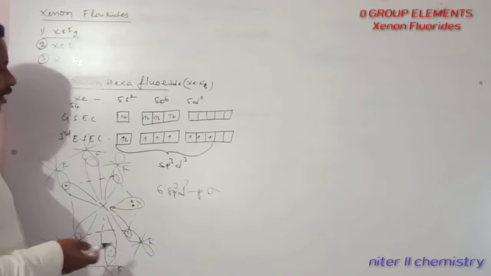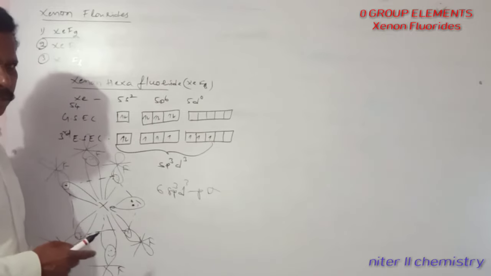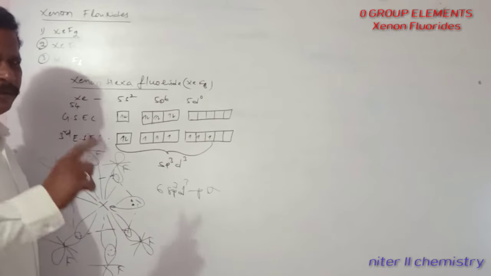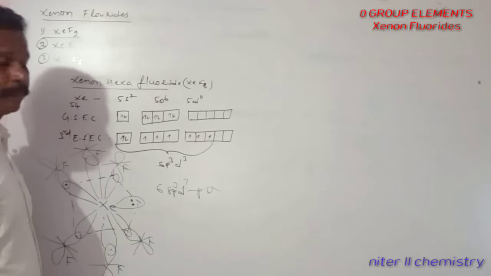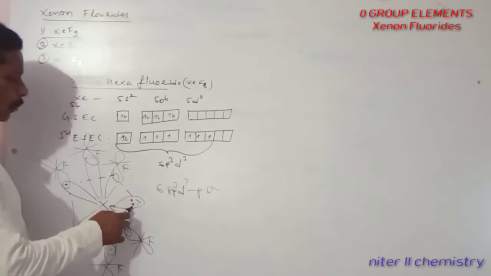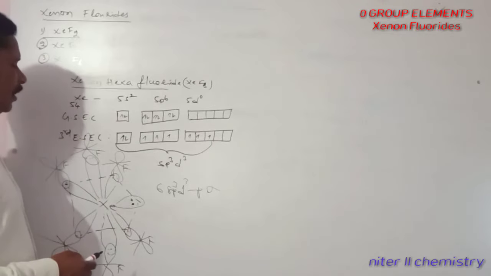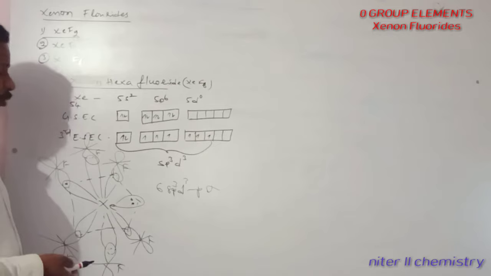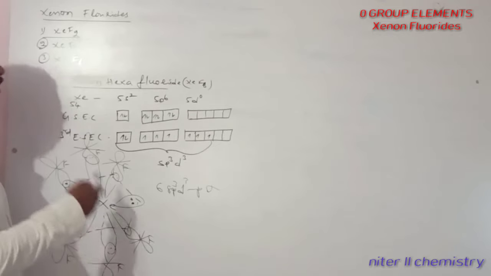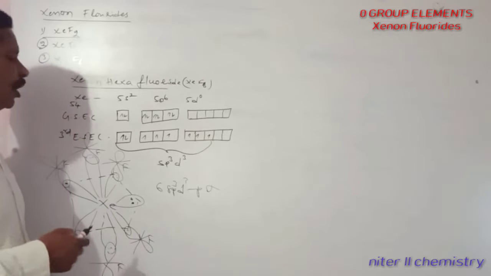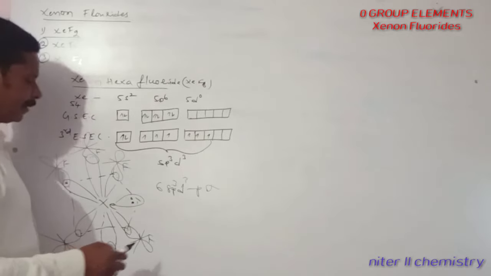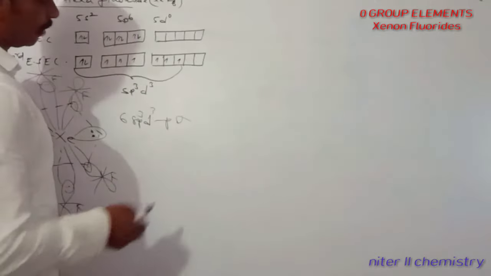According to hybridization, what is the geometry of the molecule? Actually, it must be pentagonal bipyramidal in shape. But here one hybrid orbital has a lone pair. So the lone pair is very near to the xenon. That's why the geometry is somewhat distorted from the pentagonal bipyramidal. So it is called a distorted pentagonal bipyramidal geometry.